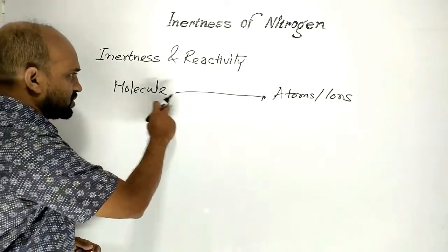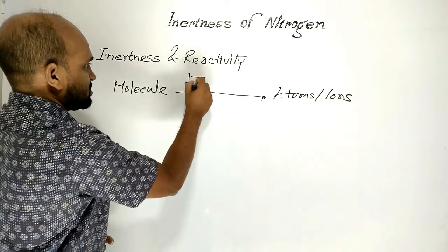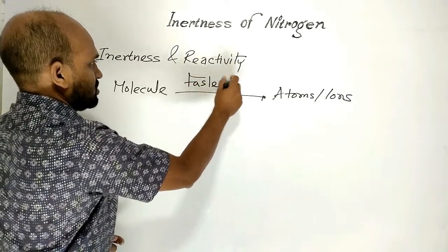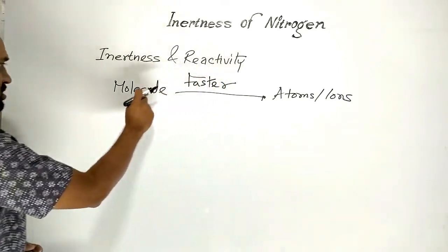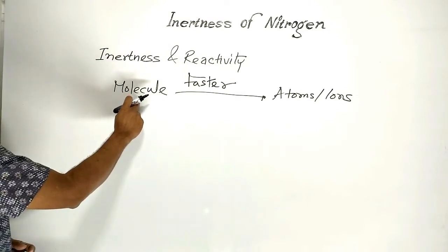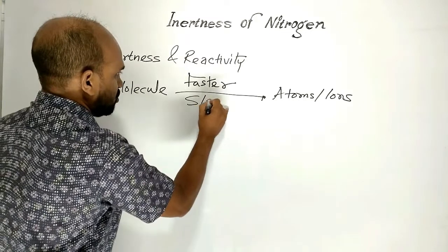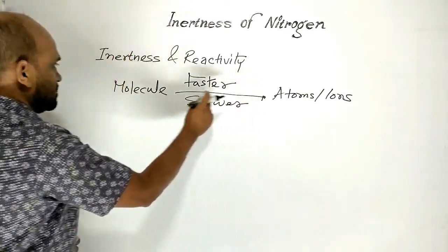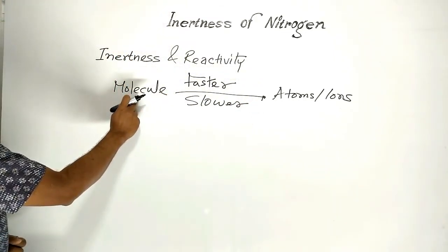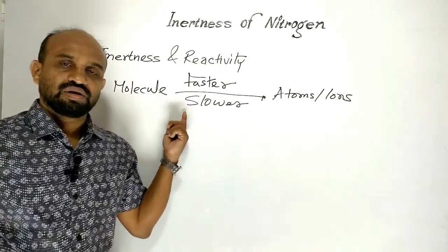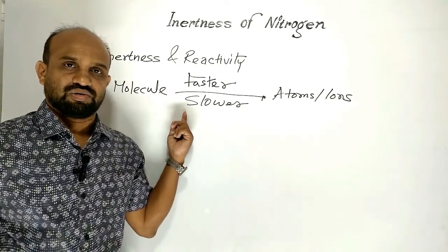If this breaking process is faster, then the molecule will be a reactive molecule. But if it is slower, then it will be classified as an inert compound, an inert molecule.